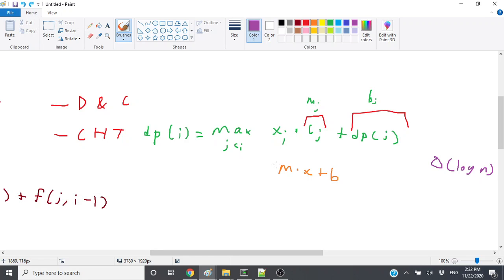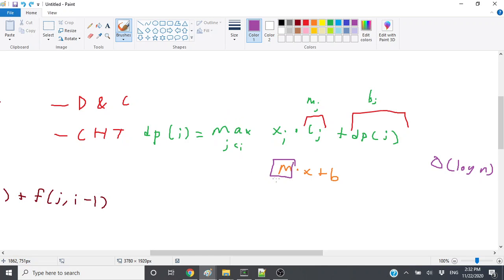Okay, that's cool, but this doesn't exactly work here. We have this cost function here, and it's not obvious how to make this sort of thing happen, because this has to be a constant that depends only on j.